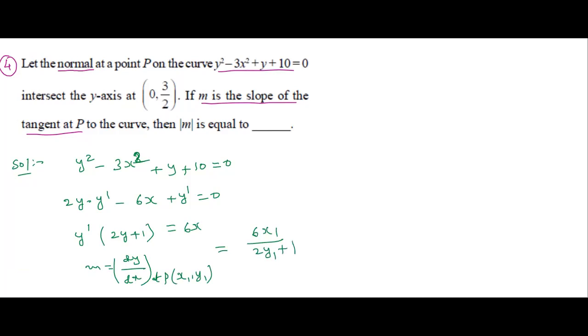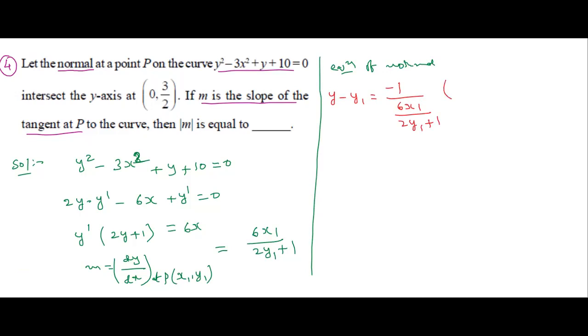Now equation of normal. What is the formula? y minus y1 is equal to minus 1 by m. This is m, so we get minus (2y1 plus 1) divided by 6x1 into x minus x1.